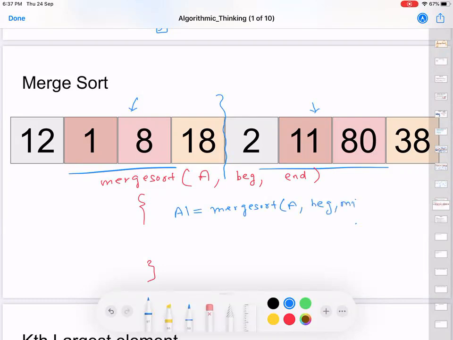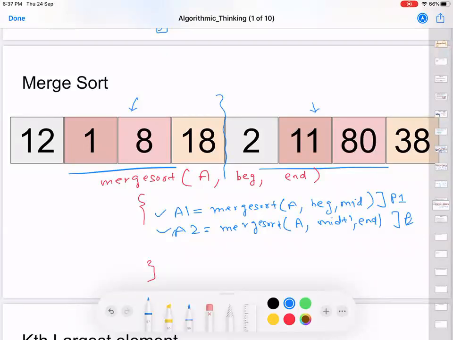So this is the first half which I'm passing to the first person. This is P1, person one who is going to do this work. This is person two who is going to do this work for me. So he is going to sort the second part of this array. So I got A1 and A2 which are sorted.